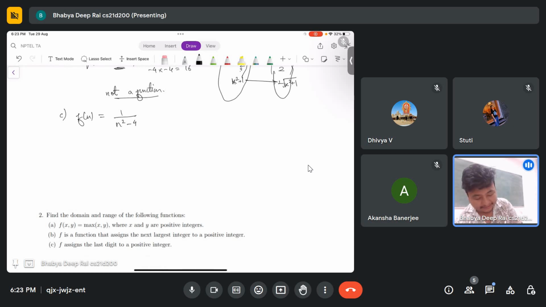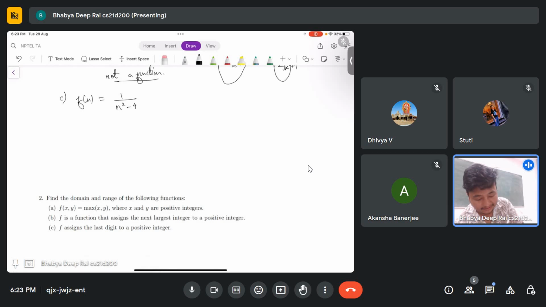Okay, let's analyze this case. If I do n equals 0, then f of 0 equals 1 by minus 4, which is minus 1 by 4. Is this real? Yes, this is a real number.